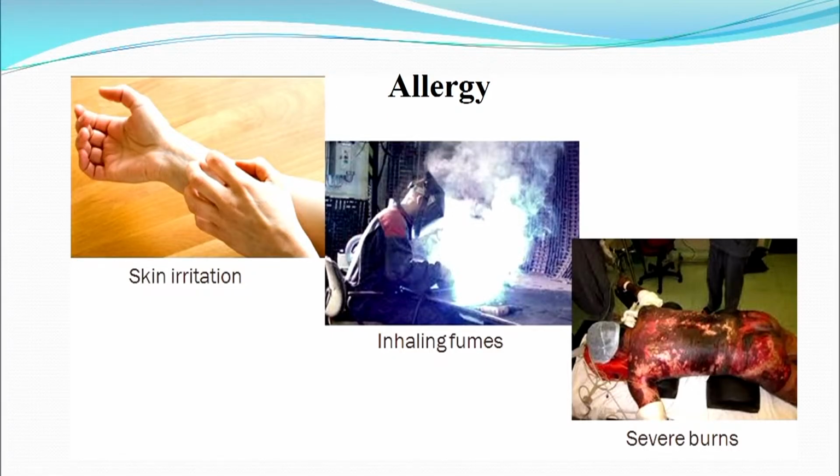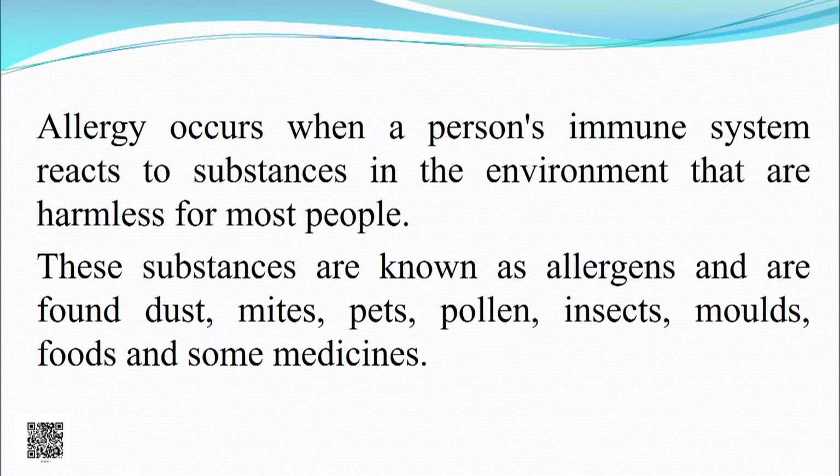So before we conclude, I would like to mention some allergens. Allergy occurs when a person's immune system reacts to substances in the environment that are harmless for most people. These substances are known as allergens and are found in dust mites, pets, pollen, insects, molds, food, and some medicines too.